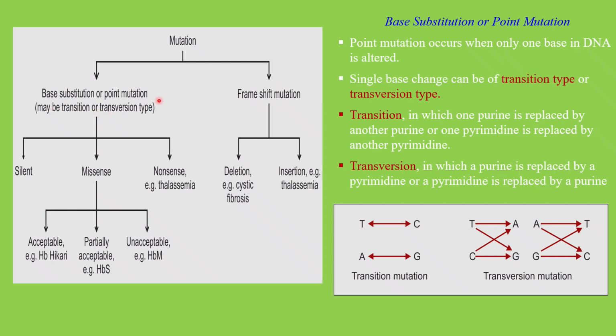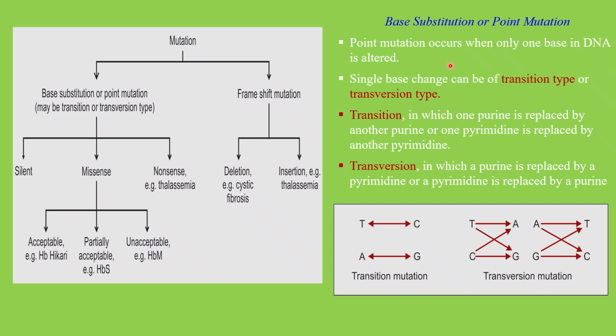Base substitution can be of three types: silent mutation, manifesting no effect, or missense mutations or nonsense mutations. Missense can be acceptable, partially acceptable, or unacceptable. While the frameshift mutations can be either deletion or insertion type. So we will see one by one.